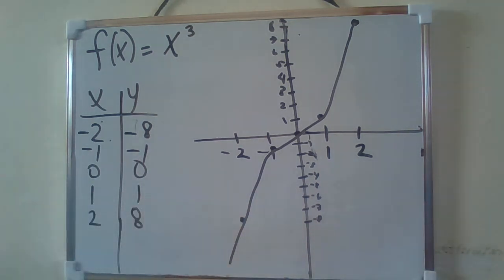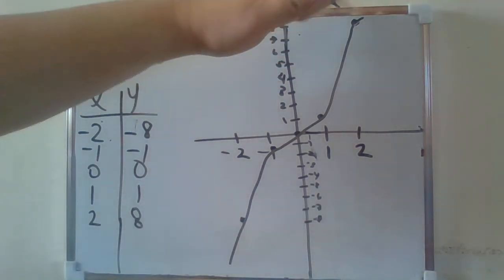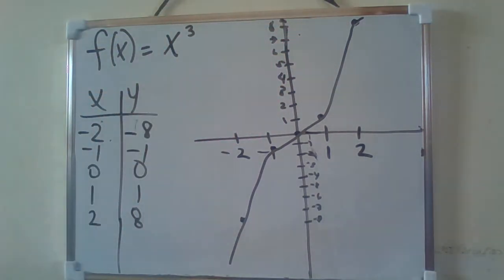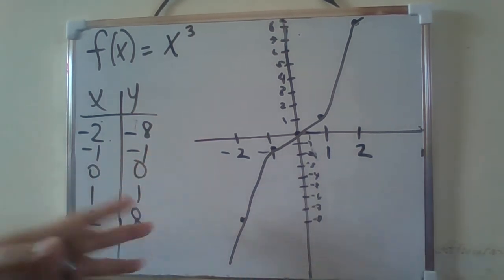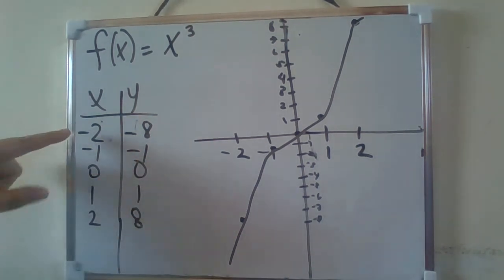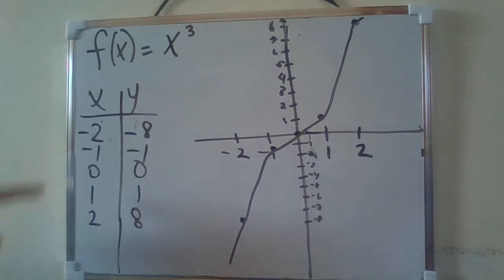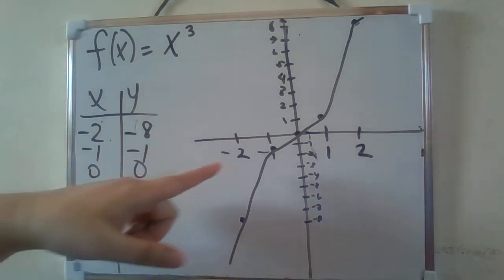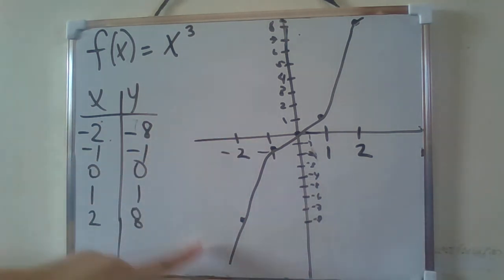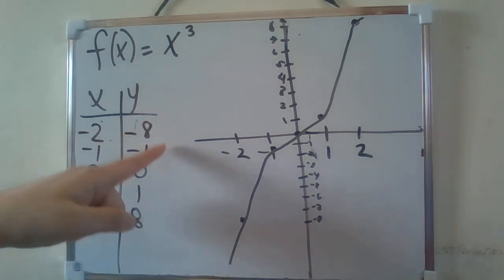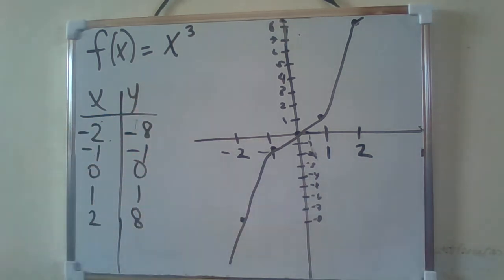Nag-iba na ngayon yung ating form. Hindi na siya yung katulad kanina na parabola. Medyo nagsumayaw na yung konti yung ating linya. So, this one, kung pa-decrease ng pa-decrease yung ini-input mo dun sa x, pa-decrease din yung binibigay sa'yo na output.